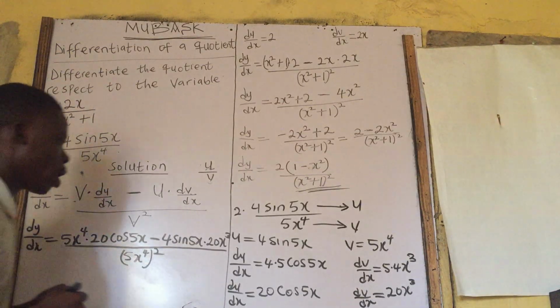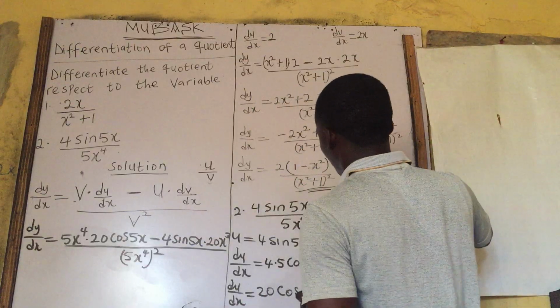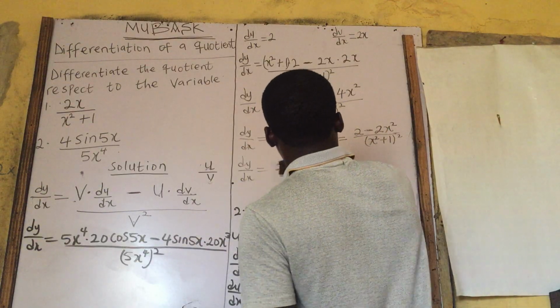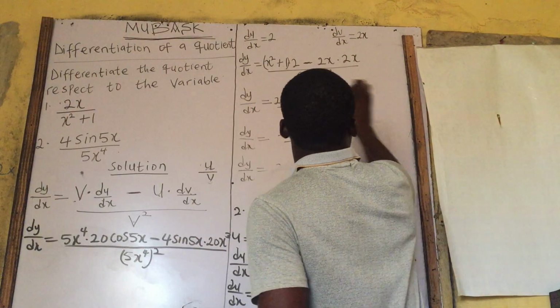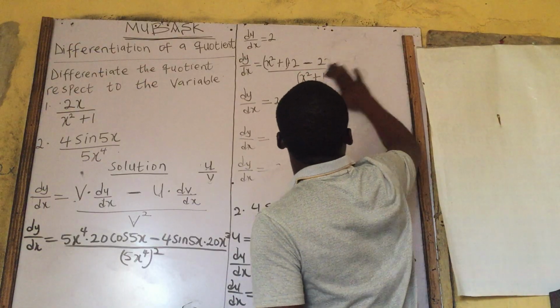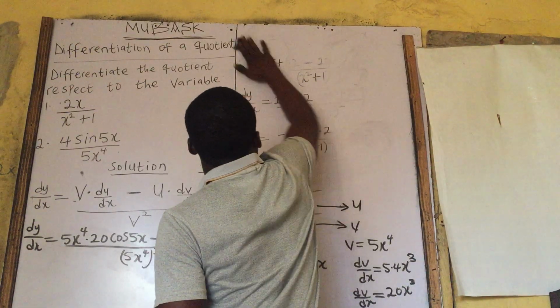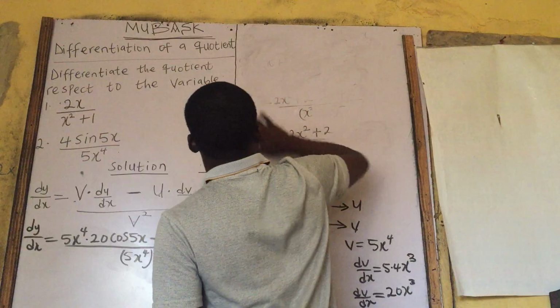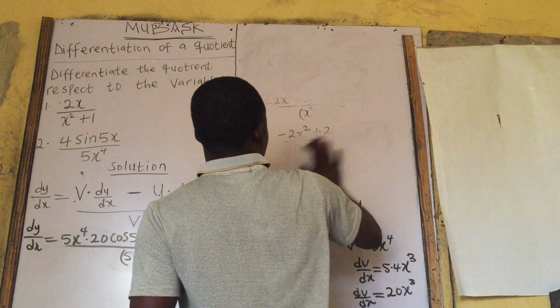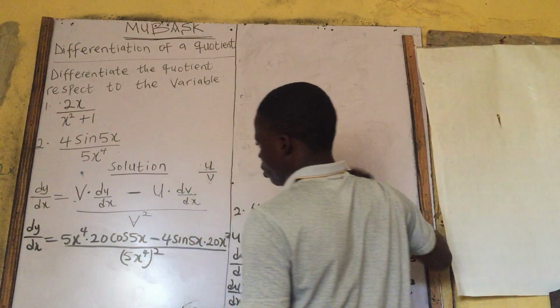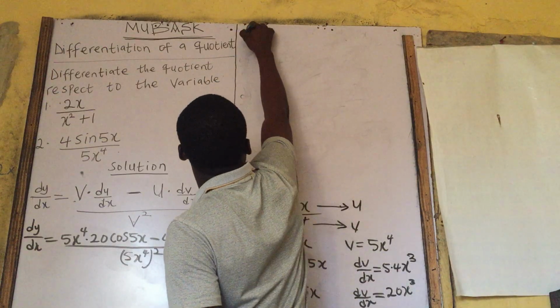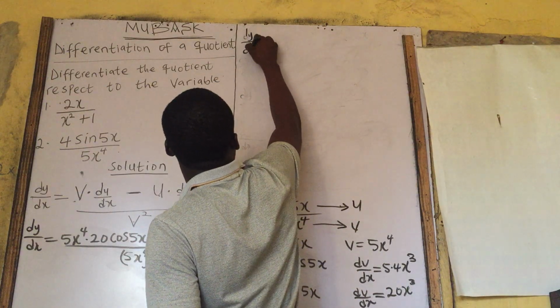Now, to evaluate this, it is very simple. Now, dy over dx equals what?